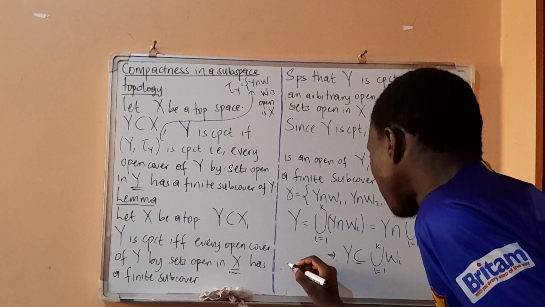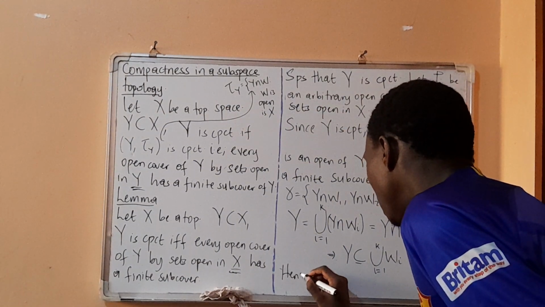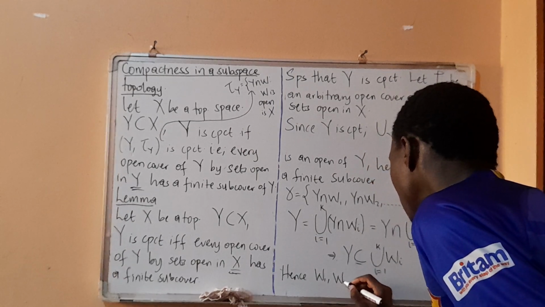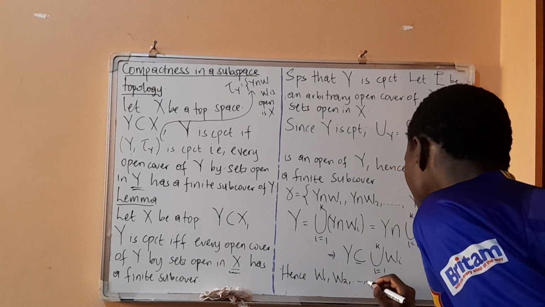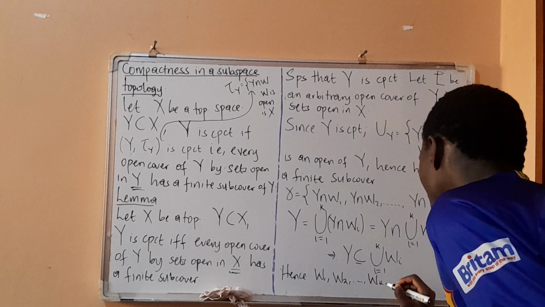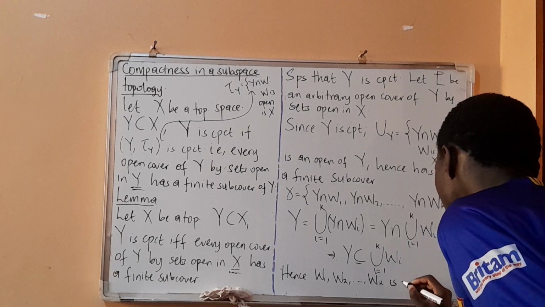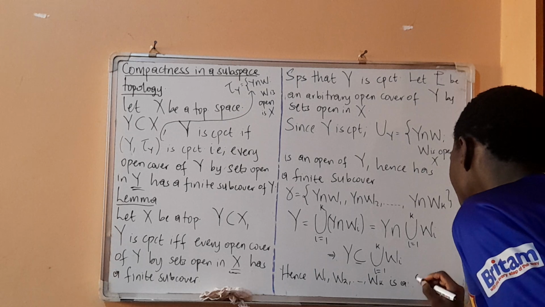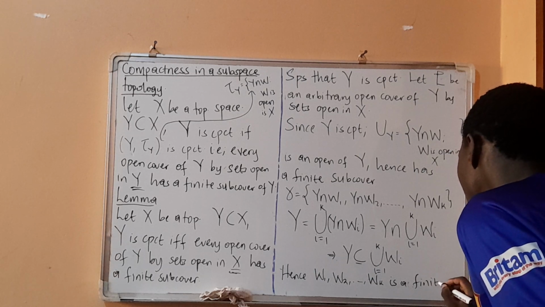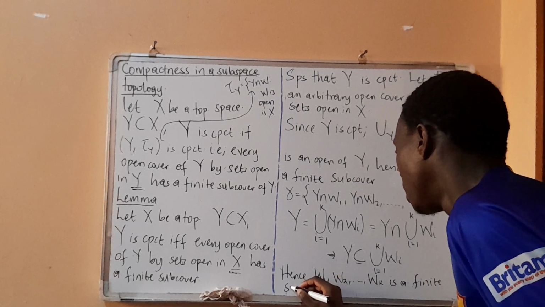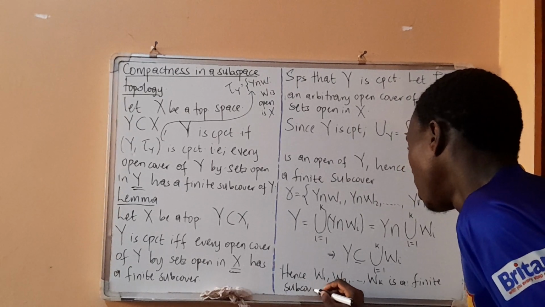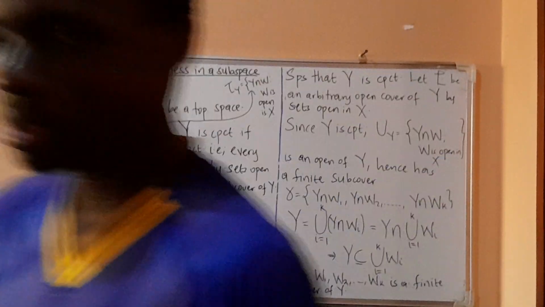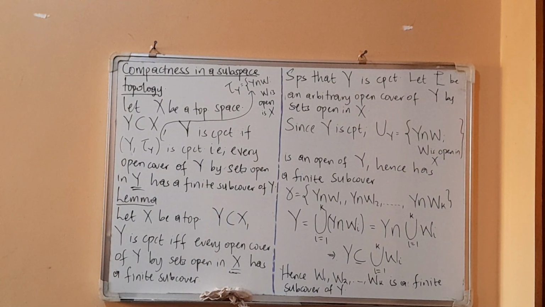Hence W1, W2, up to Wk is a finite subcover of Y.